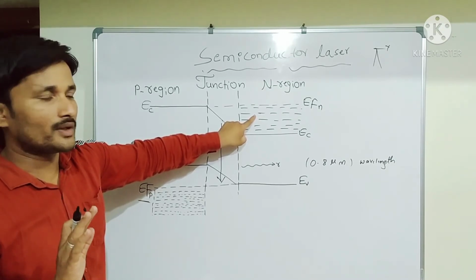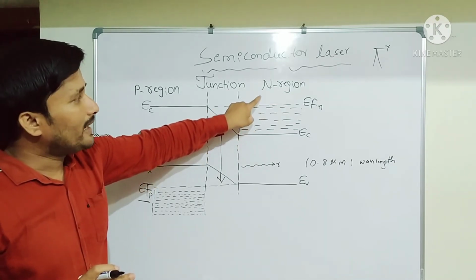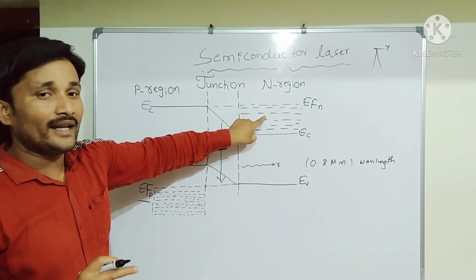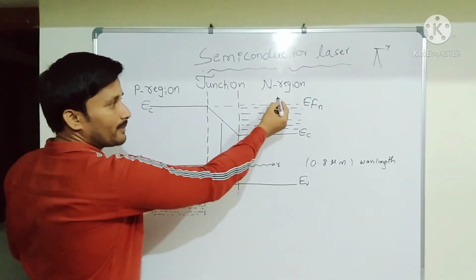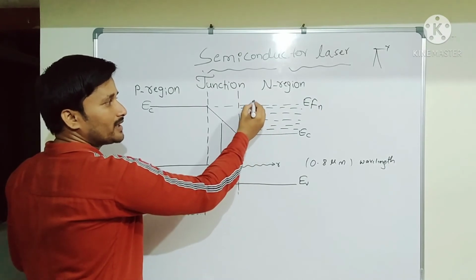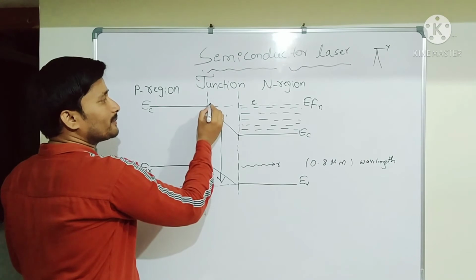I think all of you know this concept. So when the diode is in forward bias, the electrons from the N region jump to the junction, and from the P region holes will jump.